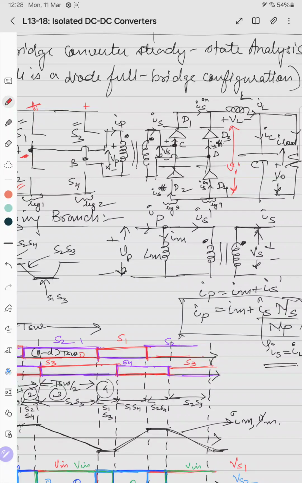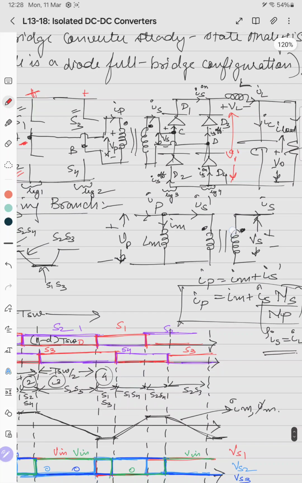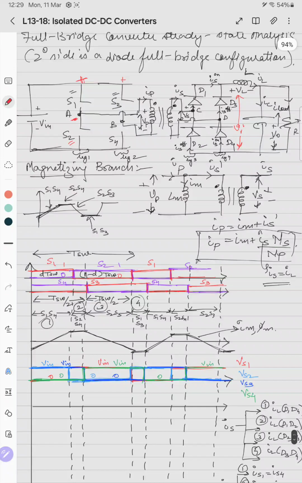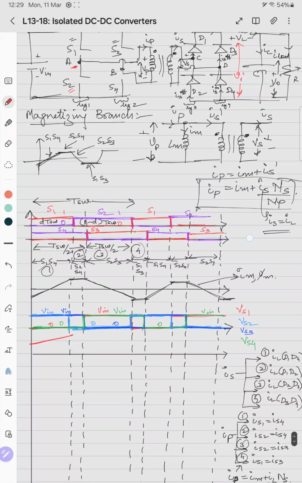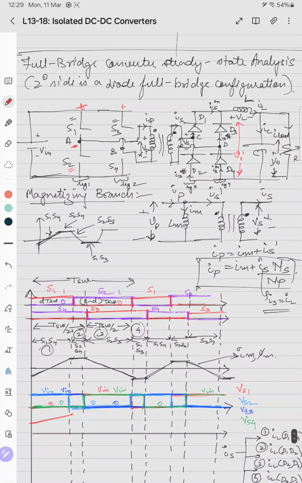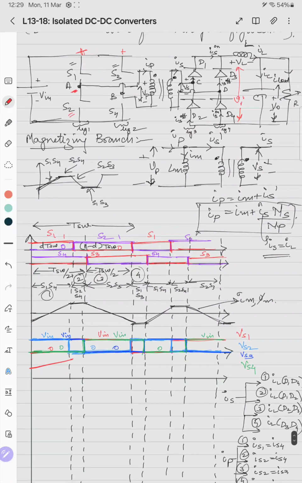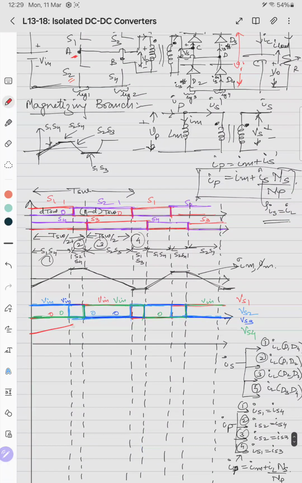V1 dash will be Vs into Ns by Np plus Vs into Ns by Np. So the inductor current will rise. In the other case, when it is 0, the current starts to fall with some slope.